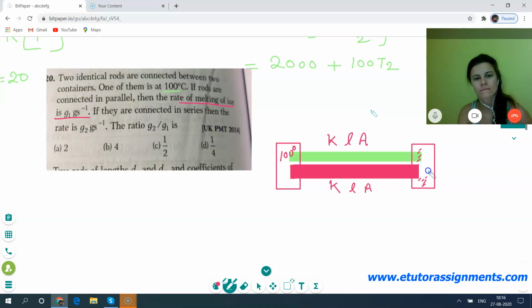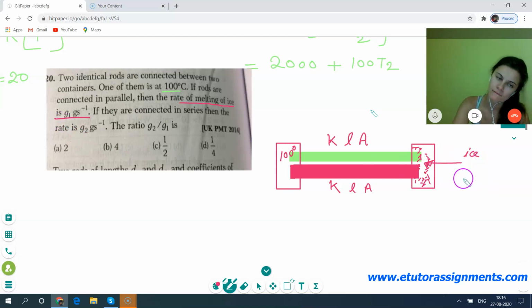Here melting ice is there. Here ice is there. And ice is melting, G1 gram per second. Very good question. Correct or not?